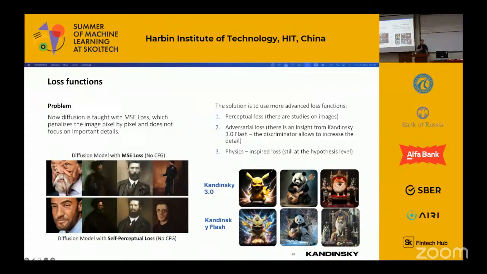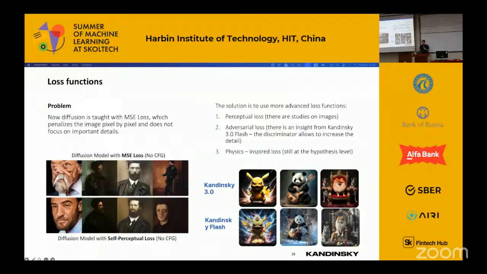And MSE loss is not good, actually, in terms of, I don't know, common sense, because MSE is not good for images, actually. That's why we can use and try different losses.